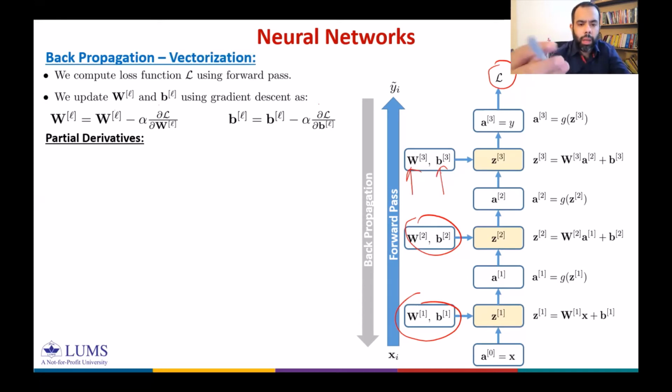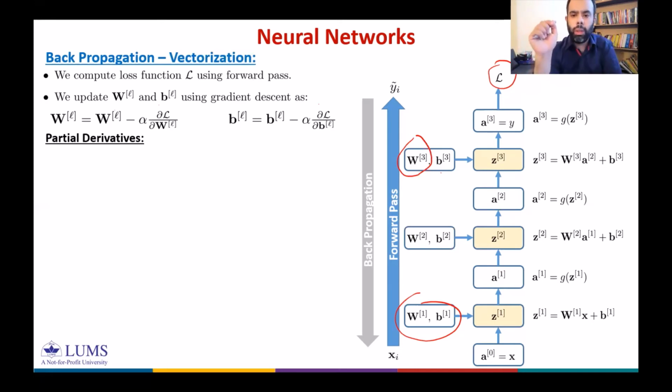Okay, let's say you want to find the partial derivative of the loss function with respect to W3. I should have a relationship between W3 and the loss function. The loss function depends on the output of the final node, right?